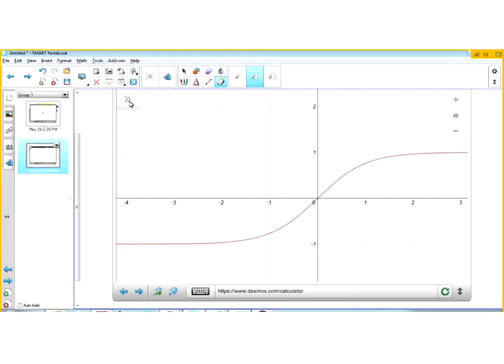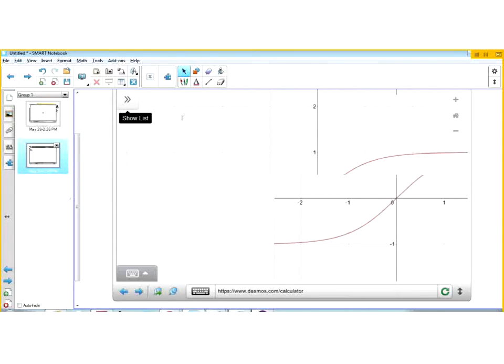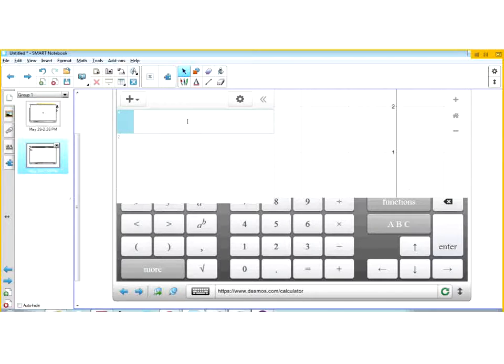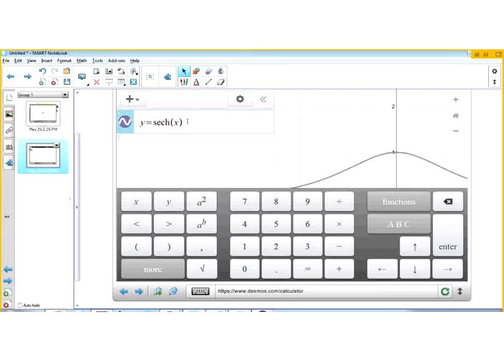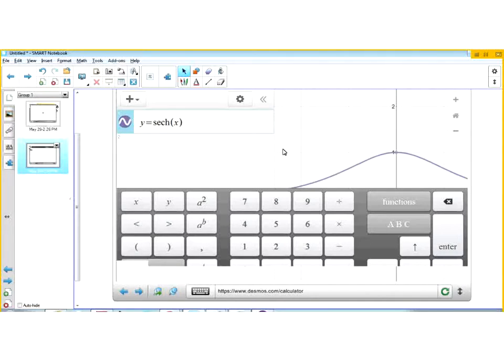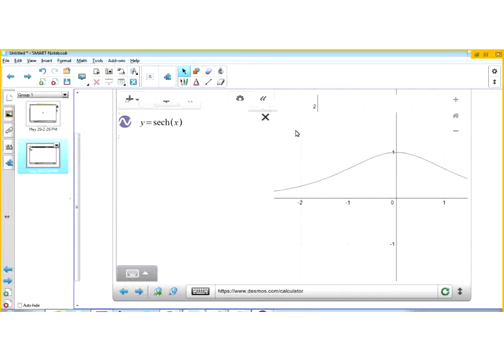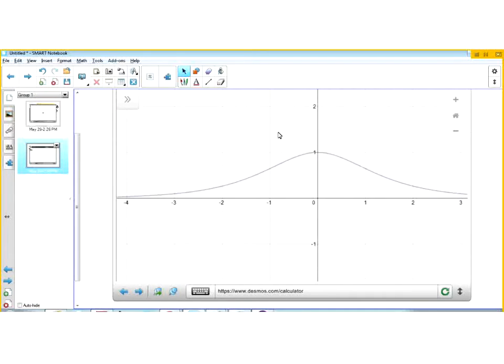Okay, so let's explore the graph of the hyperbolic secant function. So y is equal to hyperbolic secant of x, and that's shown in purple. It looks almost like a normal distribution, a bell-shaped curve, but it's always concave down.